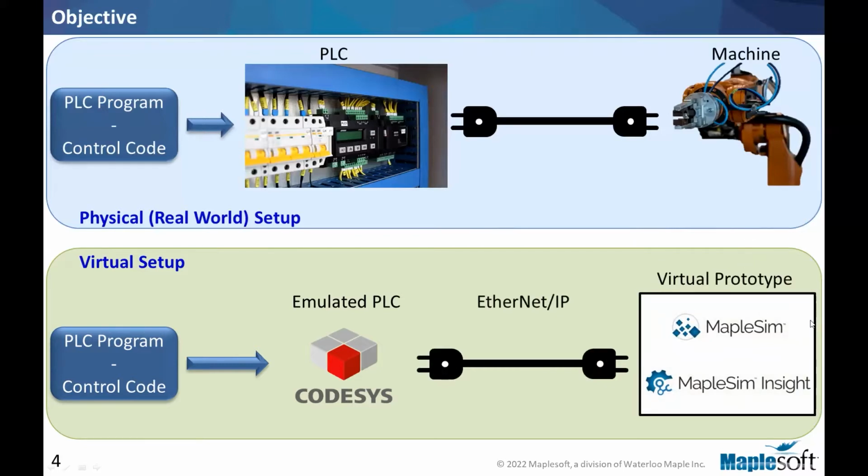Again, we're creating this plant model or this machine model using MapleSim. And then we're exporting an FMU with Insight to really give, think of it as like a function block, has some inputs, has some outputs. That's really what the FMU does. And then to connect the two together so that we can essentially test our code, we're going to use EtherNet IP as our communication protocol. So again, really the goal here is to emulate some physical setup in the virtual world.